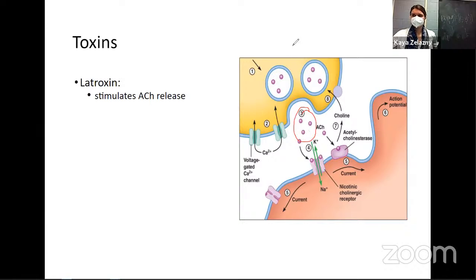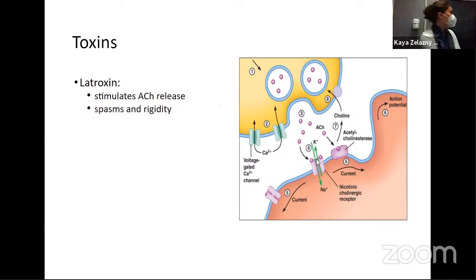Yeah, exactly. So we're opening a lot of these channel receptors, right? And that means that we're going to be contracting that muscle a lot. So the muscle, in response to all this extra acetylcholine, is going to spasm. And at a certain point, it's going to become rigid, right? Because it's going to be basically all contracted and kind of stuck there.